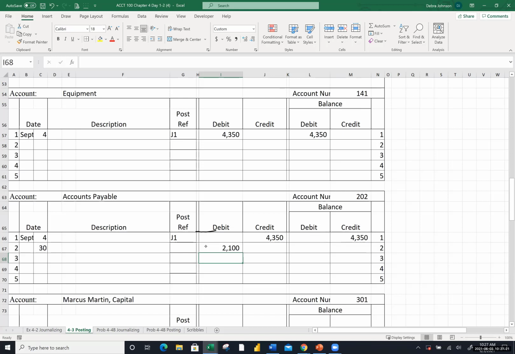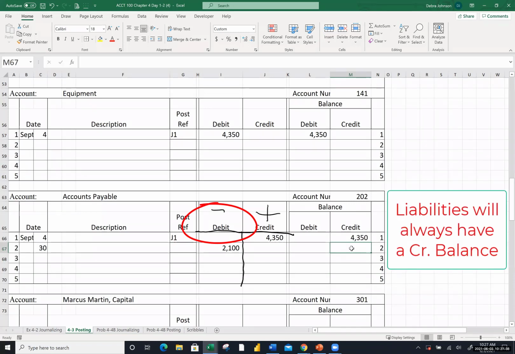So remember, this is a big T account. On the liabilities, the rule is minus plus. That's the rule. So that debit decreased our amount of debt. So it's always going to be a credit balance. Always, always, always, always.